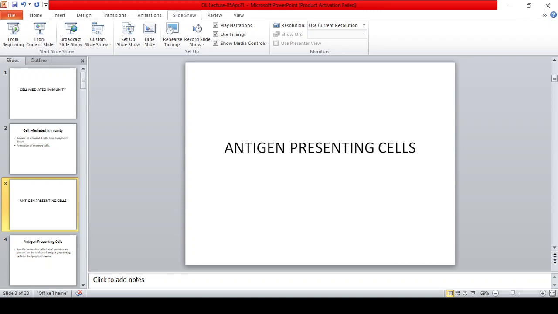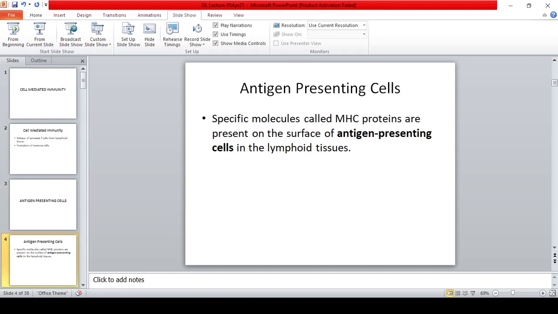Now, although B lymphocytes can recognize intact antigens, the T lymphocytes respond to antigens only when they are bound to specific molecules called MHC proteins. These MHC proteins are present on the surface of antigen presenting cells in the lymphoid tissue.